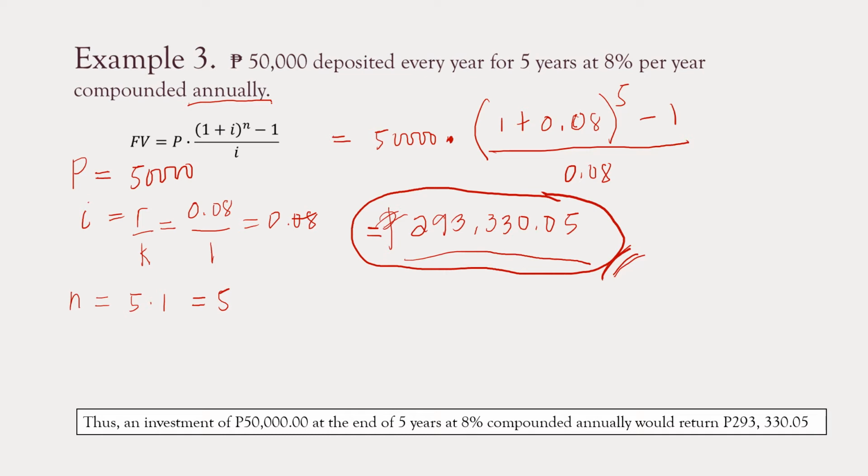So, pwede parehas. Ang iba nun, ang ginagawa, sa interest rate sila bumabawi. Kaya madalas gamitin up to 8 decimal places ang ginagamit para hindi malayo ang difference ng sagot.